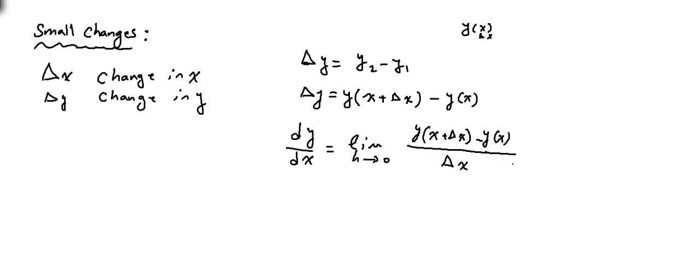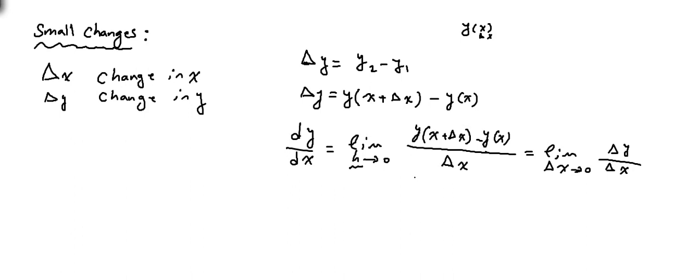That is equal to the limit as delta x tends to 0 of delta y over delta x, where h is the small increase in x.